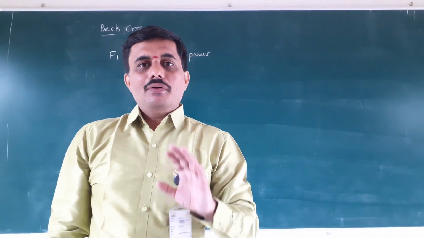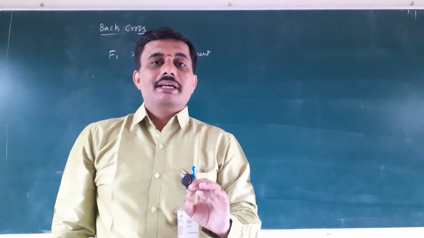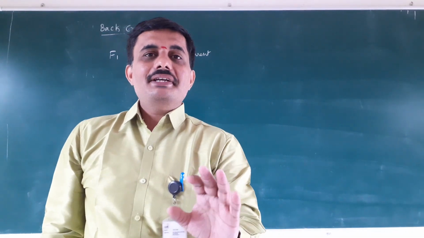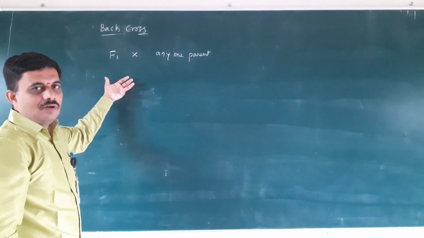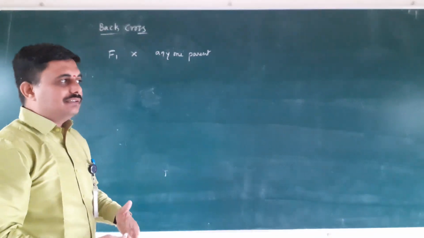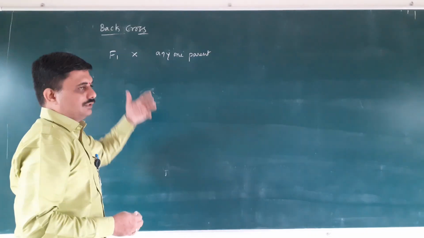Because the back cross is regularly done in the improvement of crop varieties. So in a crop improvement program, to get new varieties in crops, this back cross is done.